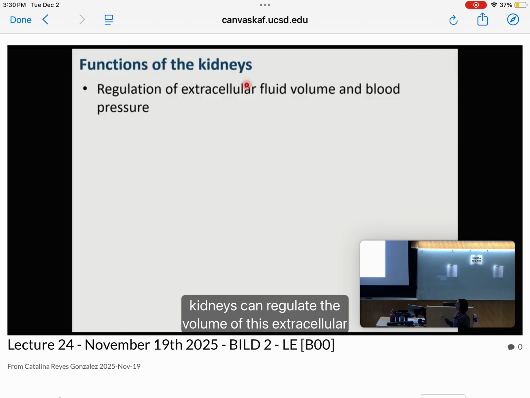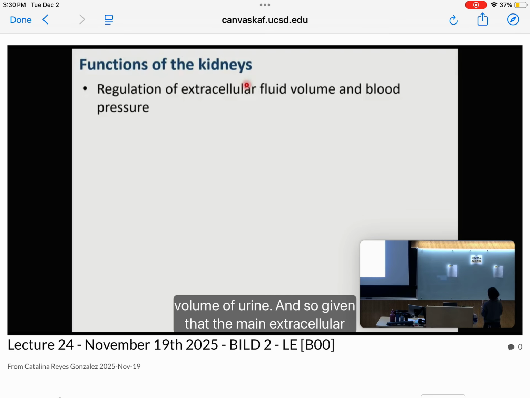And the kidneys can regulate the volume of this extracellular fluid by either conserving water, so instead of excreting all that water in the urine, they conserve that water and recycle it, bring it back to the circulatory system. Or if you have too much water in that compartment, then the kidneys would excrete a large volume of urine.